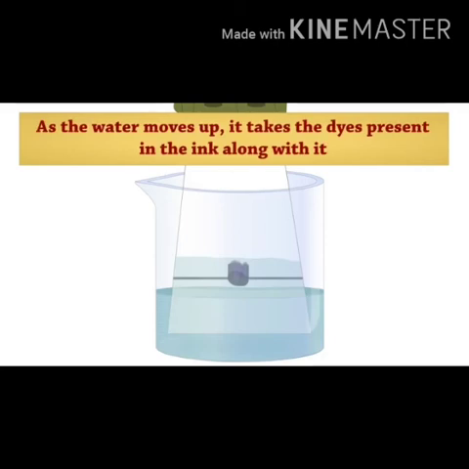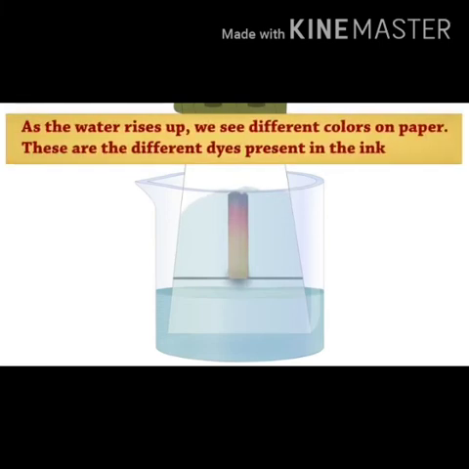As the water moves up, it takes the dyes present in the ink along with it. As the water rises up, we see different colors on the paper. These are the different dyes present in the ink.